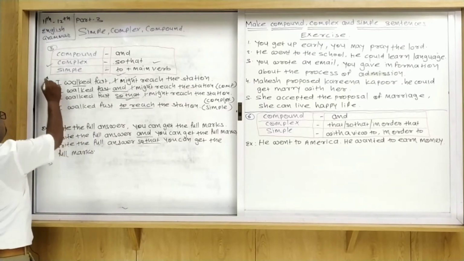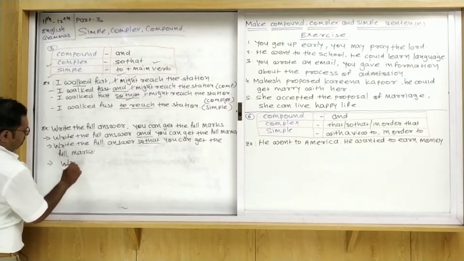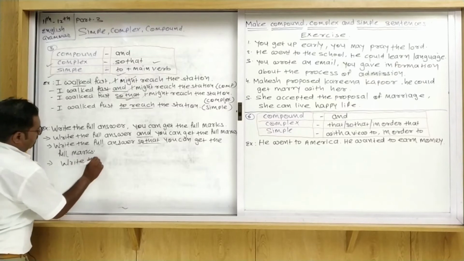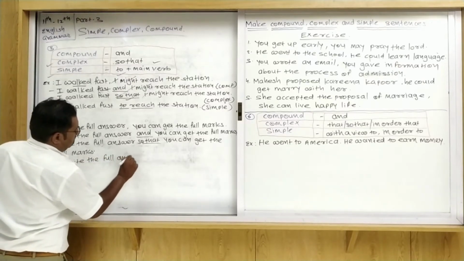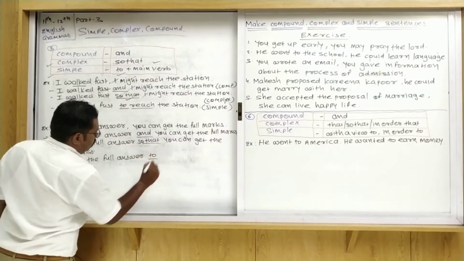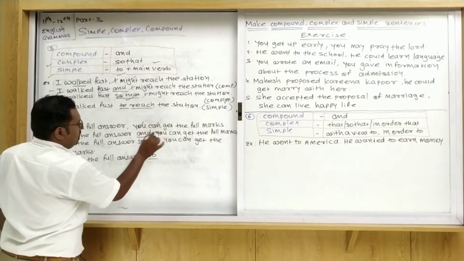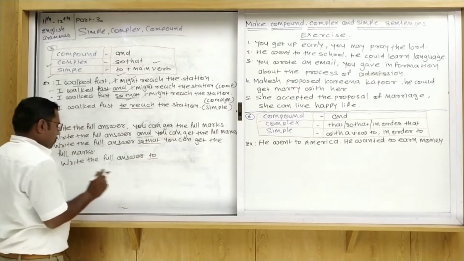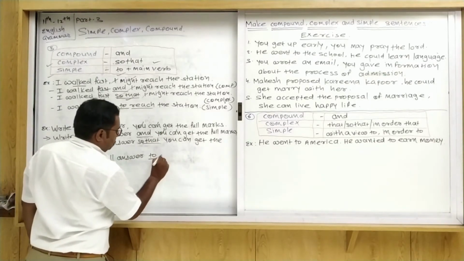Now the last one, simple sentence. So first of all, write the full answer to. When we use to, we remove subject plus modal auxiliaries. So write the full answer to what? Get the full marks.